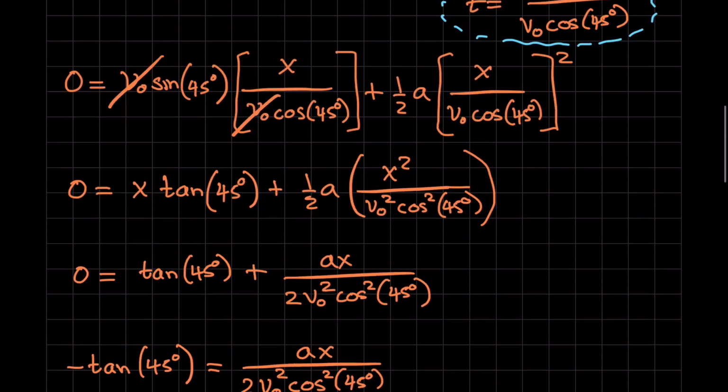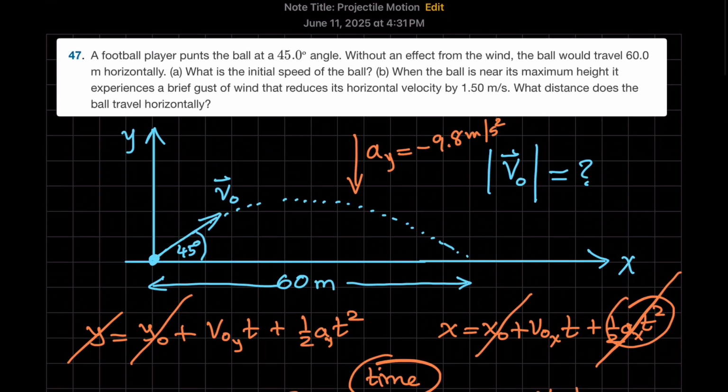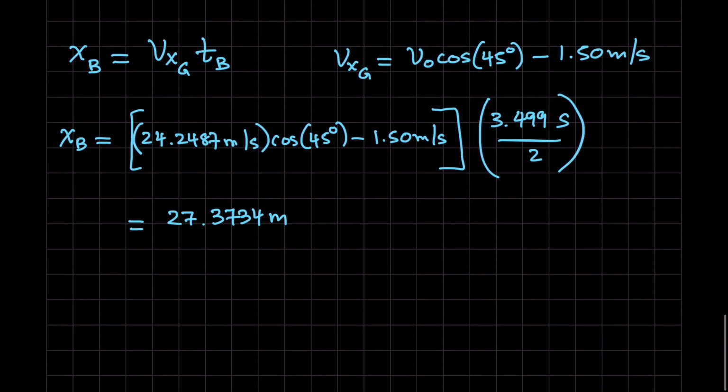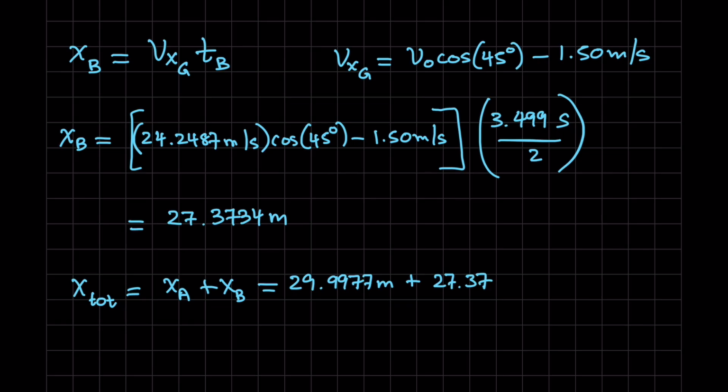What we're asked to find is what's the distance that the ball traveled horizontally? Well, that's XA plus XB, right? So the X total is equal to XA plus XB. And if you add the two numbers, you should get 57.37 meters, right?